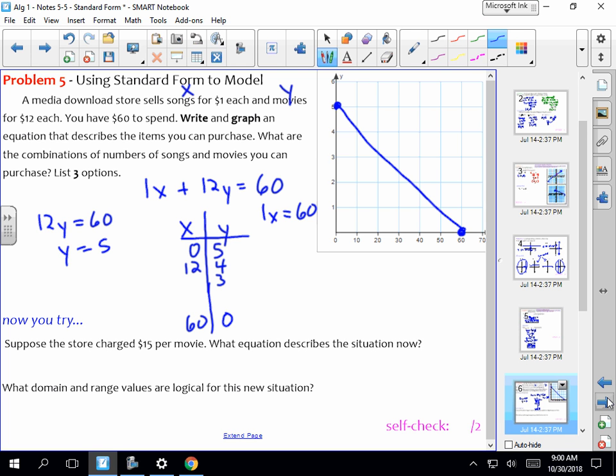So now I have 24 left for songs. You could probably tell me the next 2, 2 and then 1. So it'd be 36 and then 48. So that's actually all the combinations. They asked for 3 options. We just gave them all the options, if you can only spend $60 exactly, that's what I'm assuming. So if you're going to spend the whole $60, that's how it will work.